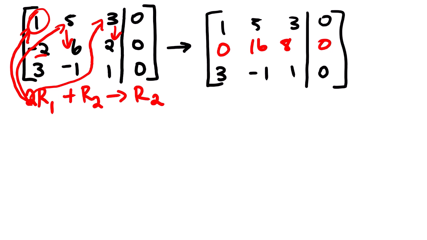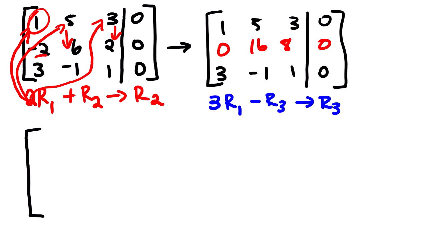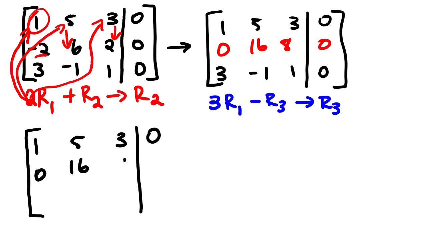We need to perform a row operation again. 3 multiplied by R1 minus R3 to give us our new R3. So R1 and R2 will remain the same: 1, 5, 3, 0 and 0, 16, 8, 0.